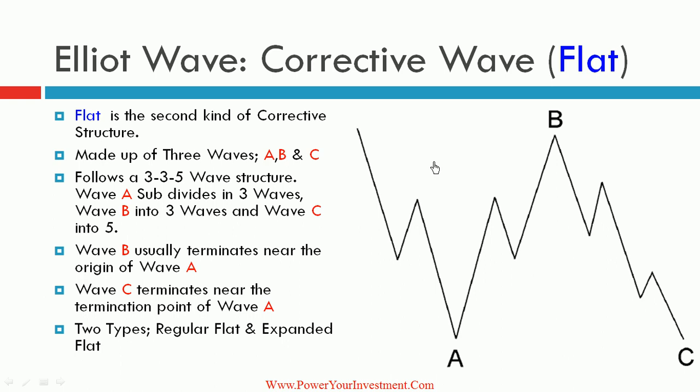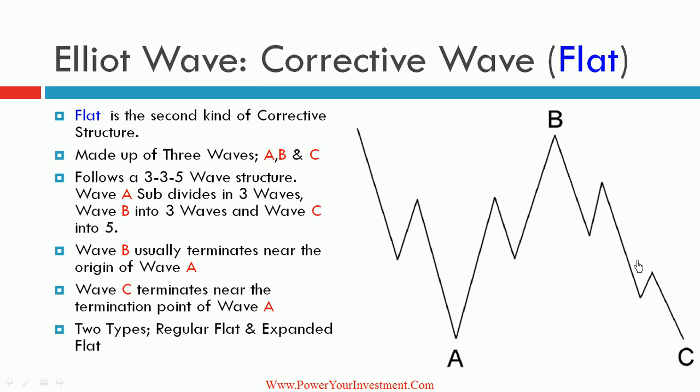So in this case, wave A divides into three segments, that is 1, 2, 3. Wave B again divides into three segments, 1, 2, 3. And wave C divides into five segments, 1, 2, 3, 4, 5. So you get a 3, 3, 5 structure.